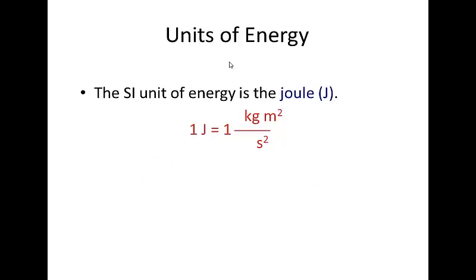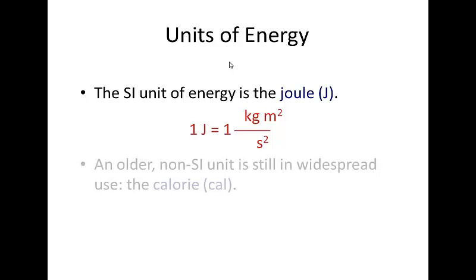Units of energy. The System International unit of energy is the joule, not the store, the unit. A joule has a symbol of a capital J, which you came across in first year chemistry. And 1 joule is equal to 1 kilogram meter squared per second squared. There are other units for energy. You'll come across kilojoule quite frequently.